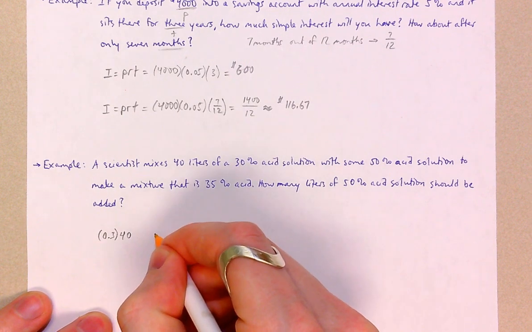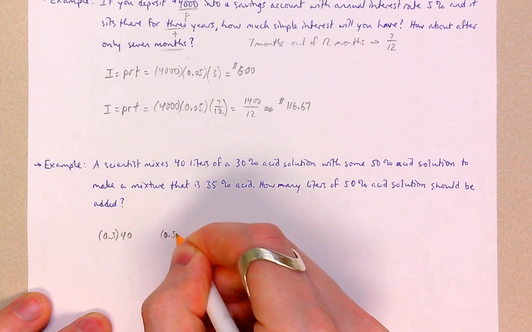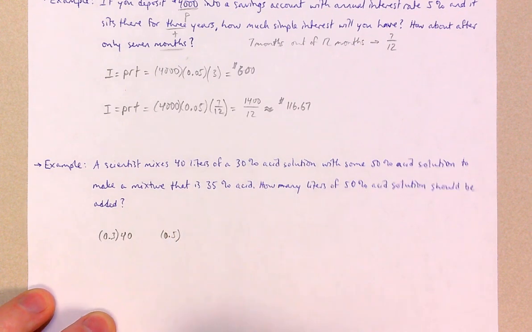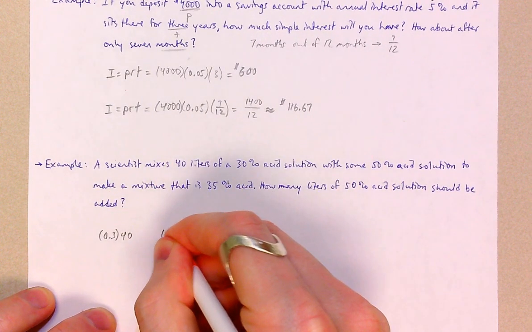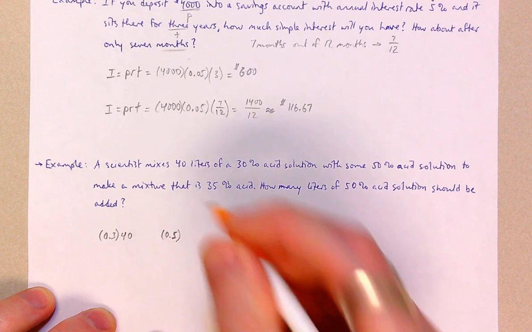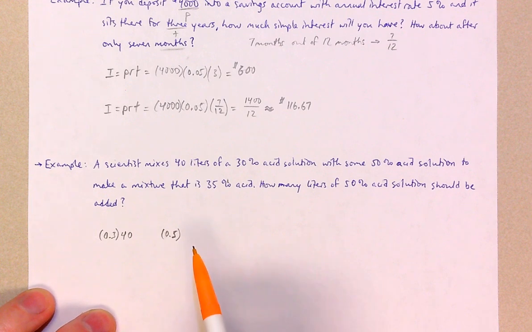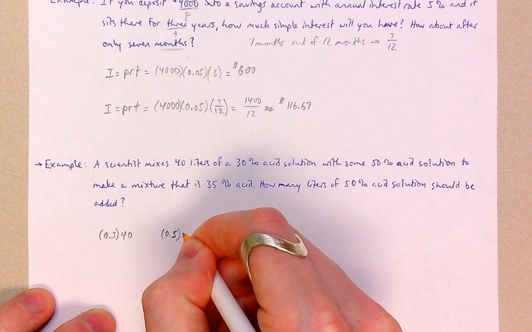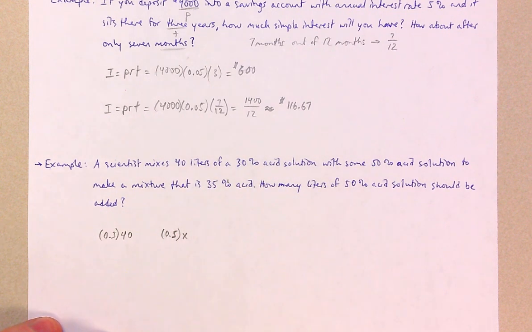So I'm going to say it's going to be 0.5, obviously 50% as a decimal. And then the quantity that I have is unknown. That's actually the thing that I want to solve for. So since this is what's unknown, I'm going to call that quantity x. So these are the two things that I have.